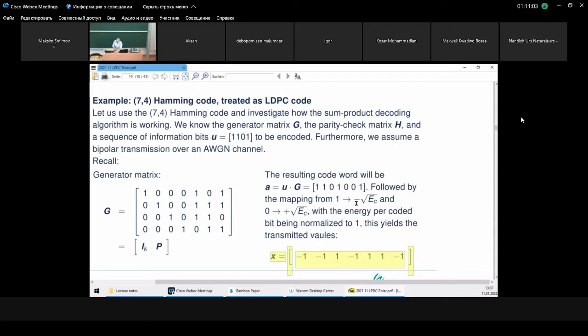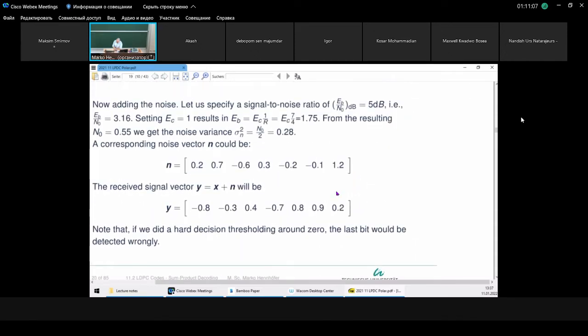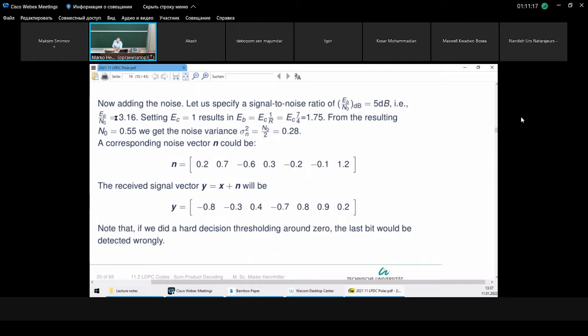And then, of course, I modeled some noise. Assuming a signal to noise ratio of 5 dB, like a typical value, on a logarithmic scale, converted to the linear scale. We also had this in the lecture notes, setting E_C to 1.